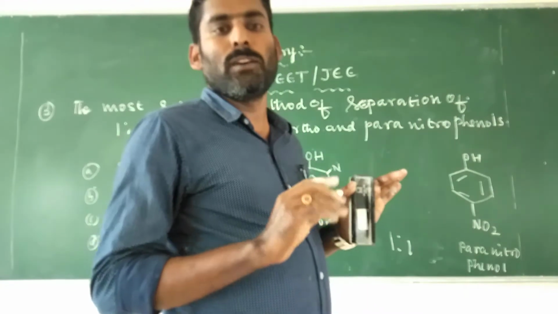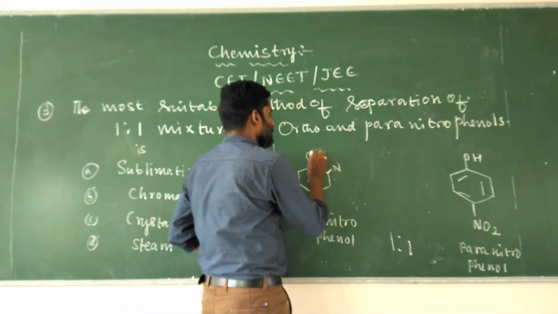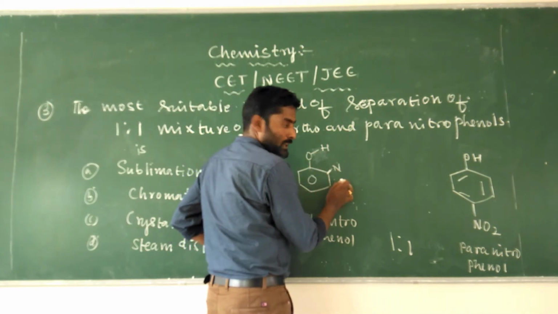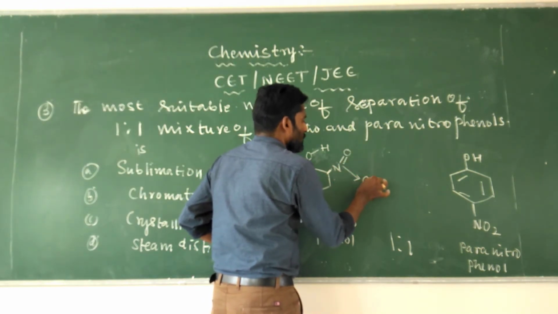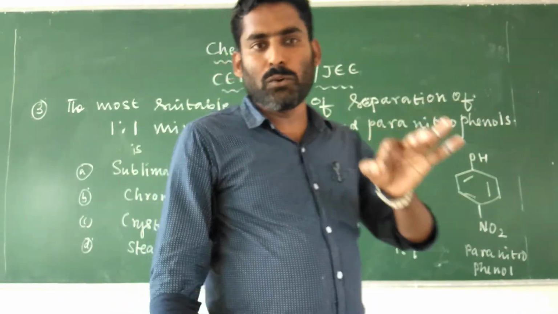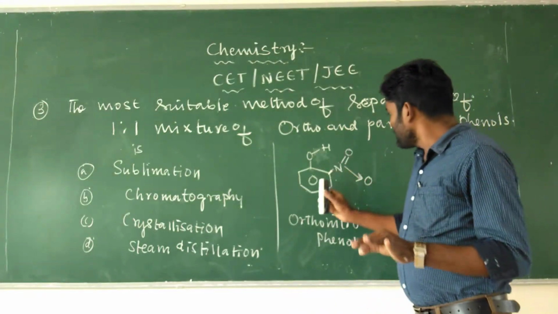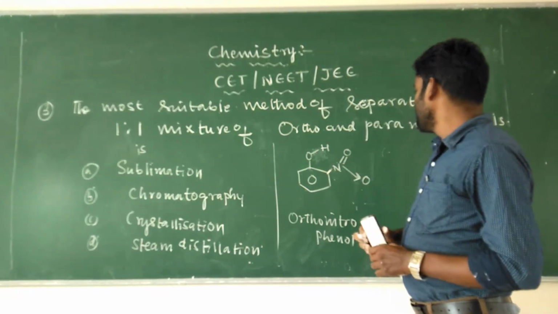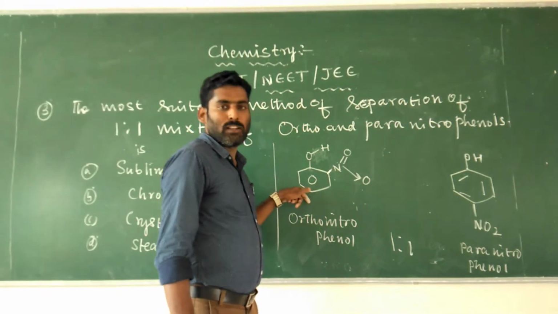intramolecular hydrogen bonding exists. So OH can be written as O bond H, and NO2 can be written as N double bond O. Intramolecular hydrogen bonding is nothing but the bond that exists between the hydrogen atom of one molecule and the most electronegative atom of the same molecule.